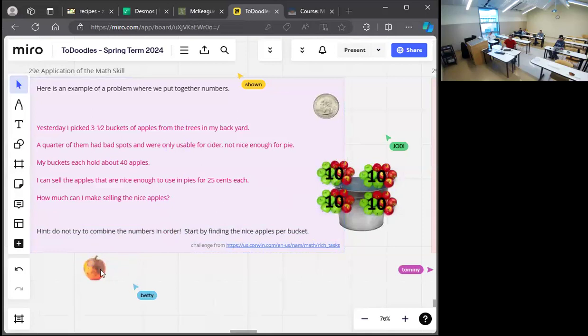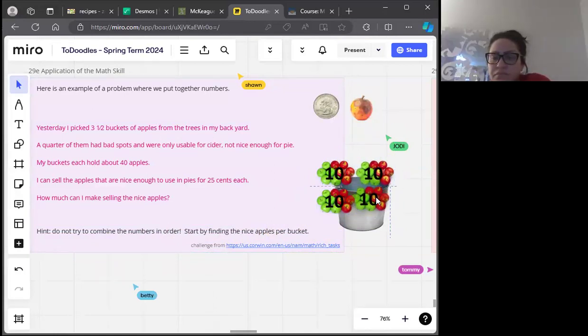Of the 40 in the bucket, a quarter of them have bad spots. What's a quarter of the 40? 10.